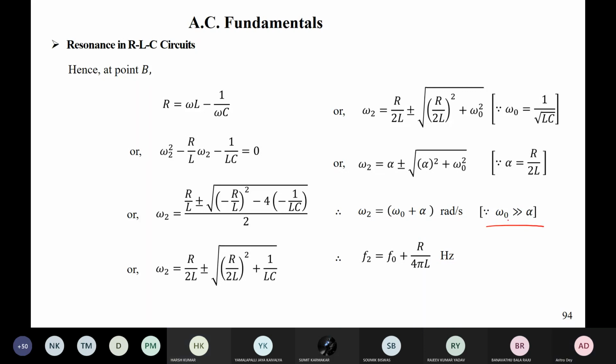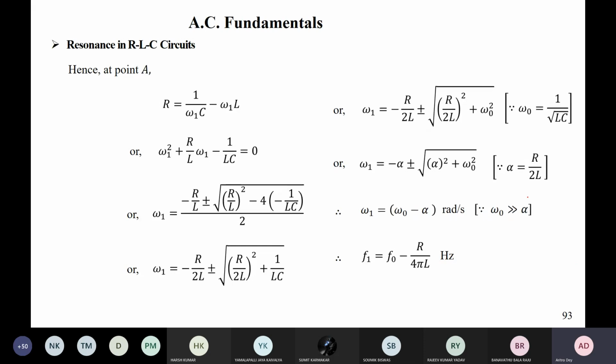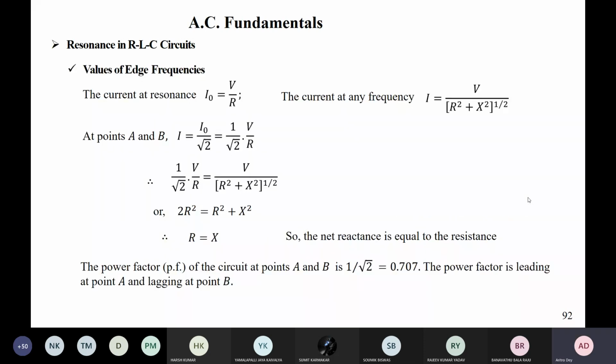Okay, so what is your alpha? It is R by 2L, right? This is the expression of alpha, and omega 0 is root over 1 by LC. So this is not always true. There should be something connected, na? Is anything mentioned previously?